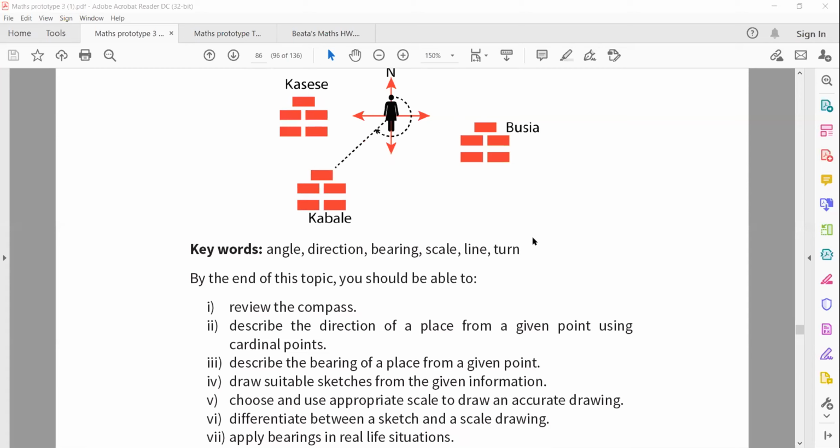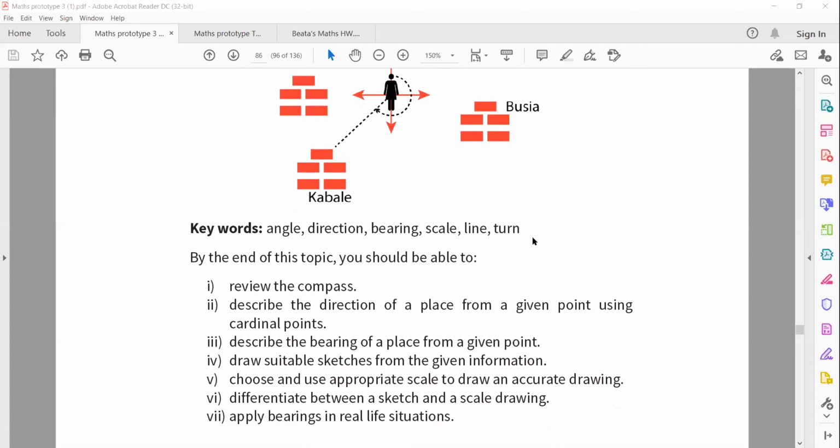This term, cardinal points, means the main points of the compass, such as north, south, east, west, as we shall see from the compass. So those are the cardinal points. We should be able to describe the direction of a place from a given point using those cardinal points.